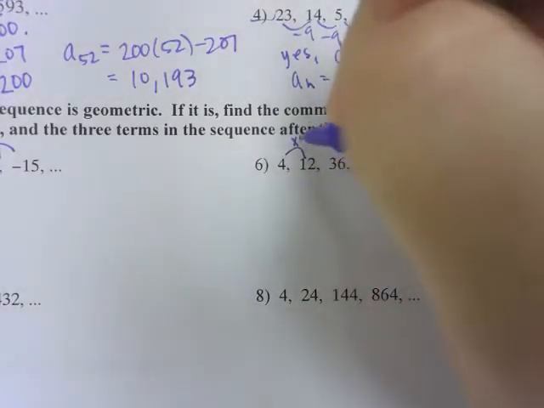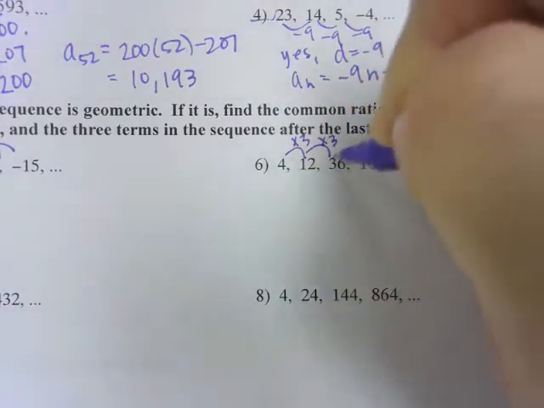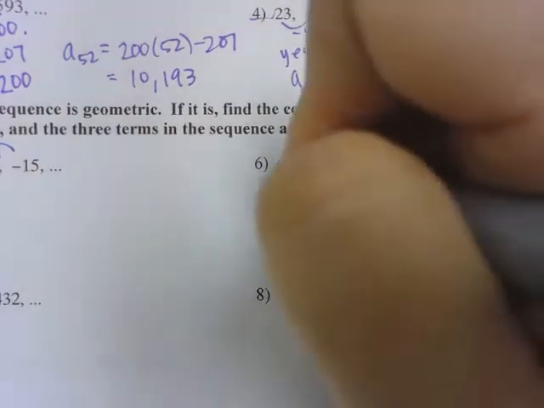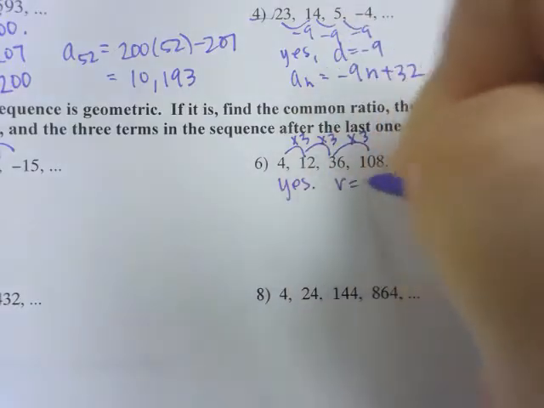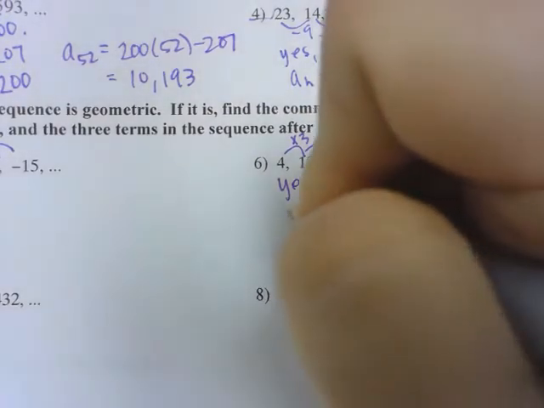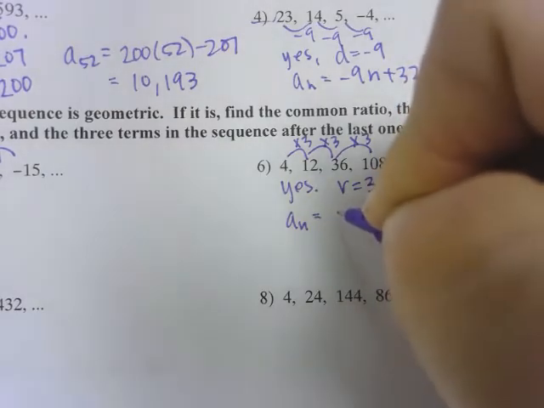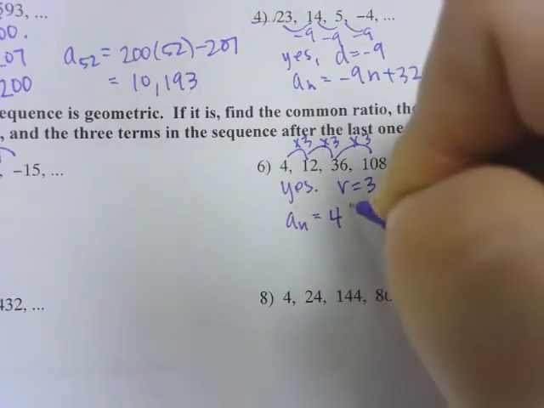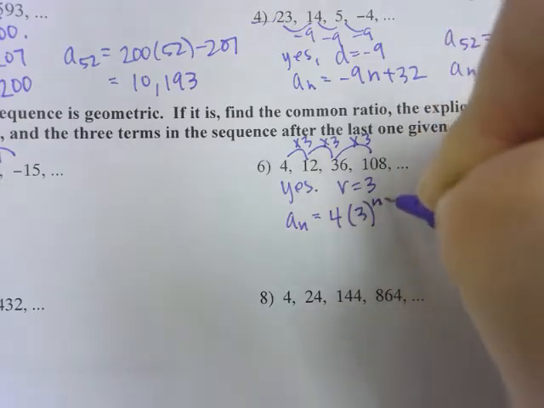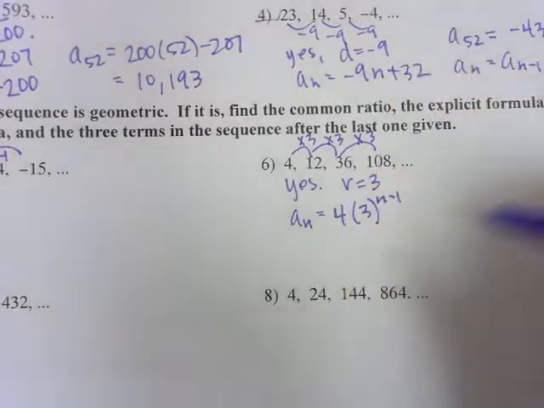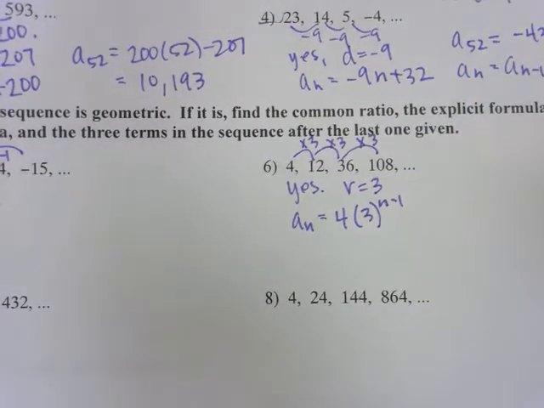This one, to get from the 4 to the 12, it's multiply by 3. This also is multiply by 3. You can check it. This is also multiply by 3. So yes, it's geometric. R equals 3. A sub n equals, the formula for this one is the first term, a sub 1, times r to the n minus 1. If I wanted to find the next three terms, I wouldn't actually have to plug anything in.